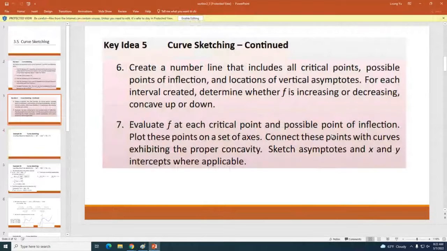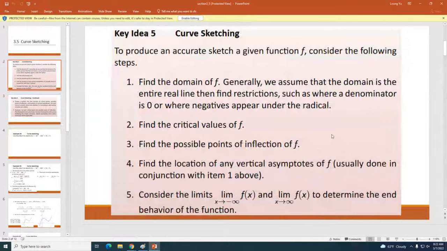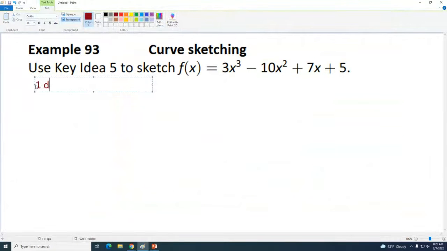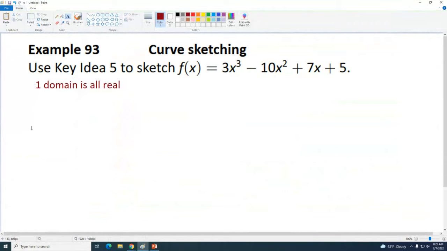Step 1, we're going to find the domain, and that should be pretty quick since we have a polynomial. So the domain is all real numbers. You draw the entire number line and get ready for the increasing and decreasing behavior.